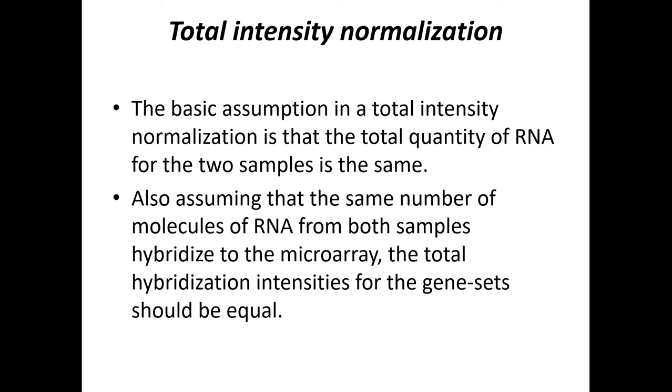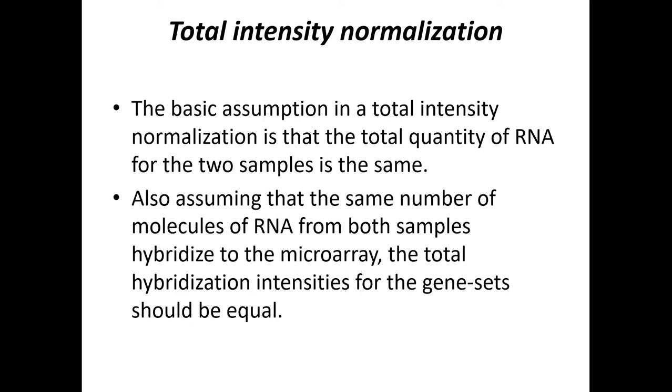The basic assumption in total intensity normalization is that the total quantity of RNA for the two samples is the same. It also assumes that the same number of RNA molecules from both samples hybridized to the microarray. There may be variation, but we assume that.